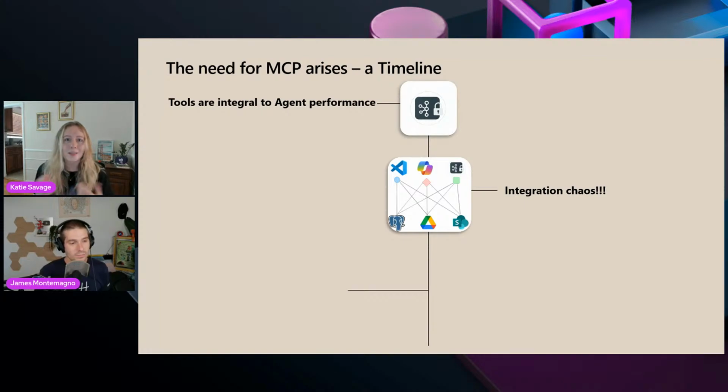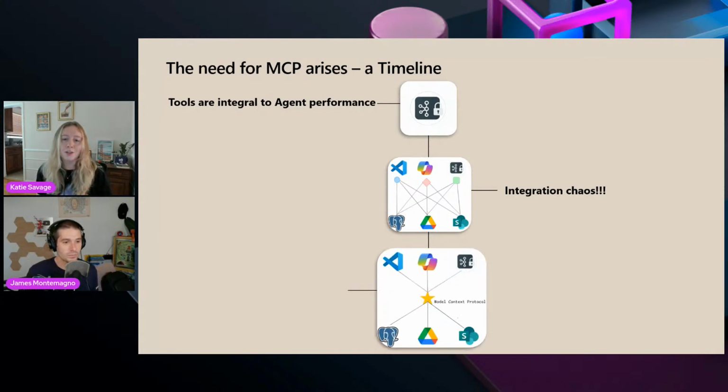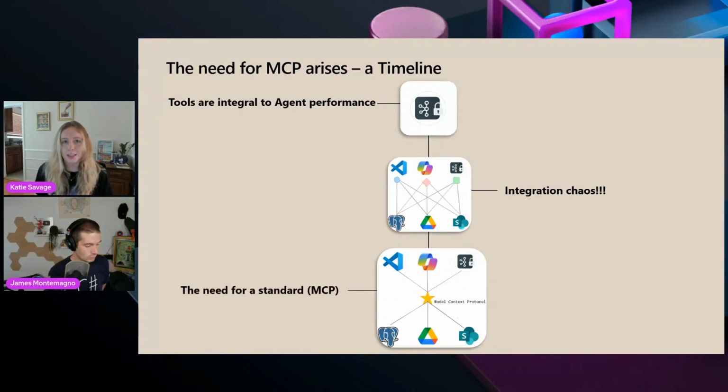It was confusing and difficult to scale. If you were developing an app and wanted to connect to different data sources or services, you would need to install a bunch of extensions or open several web pages, or in some cases just build custom solutions. So it all got pretty confusing and redundant, as you can imagine, James. And this is where MCP came in as the standard to make this smoother and less confusing.